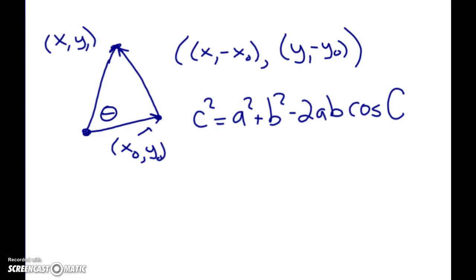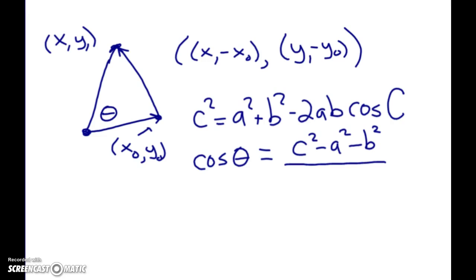Okay, and what we really want is theta, so we could solve it for cosine. I want to make that a theta this time so it matches my picture. So that would be C squared minus A squared minus B squared over negative 2AB.